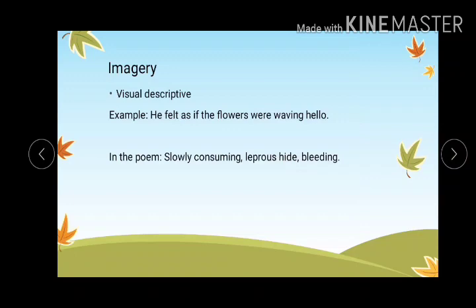When someone describes it like leprosy, you will be almost able to form that image in your mind. And bleeding. When bleeding is said, you can almost see blood running out from the bark of the tree. So these are some strong images that are used in the poem.